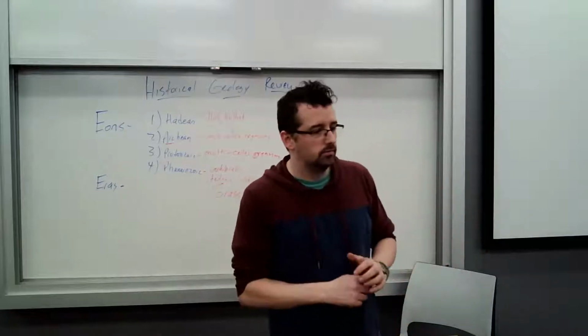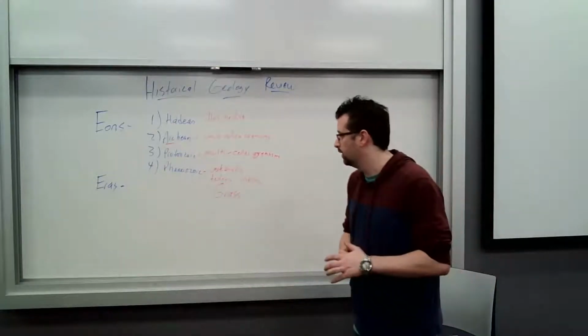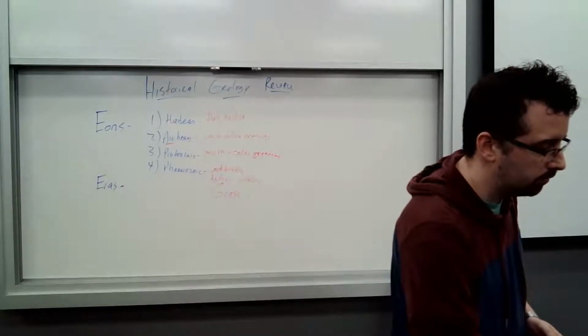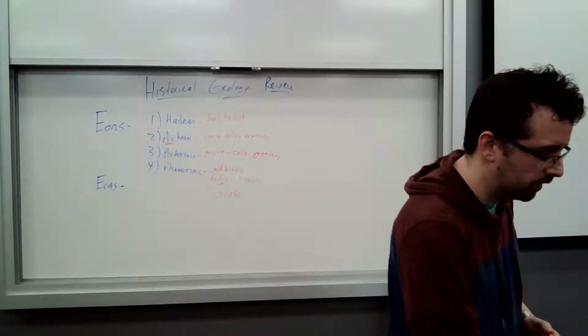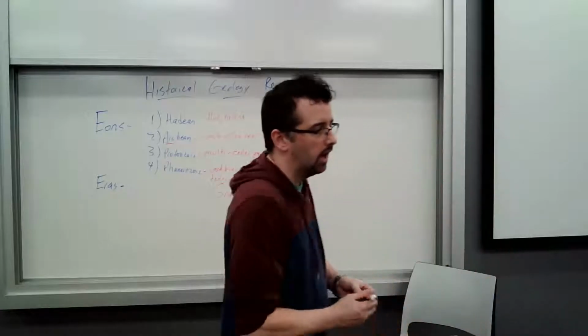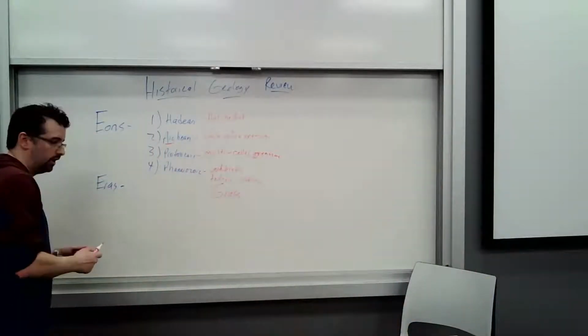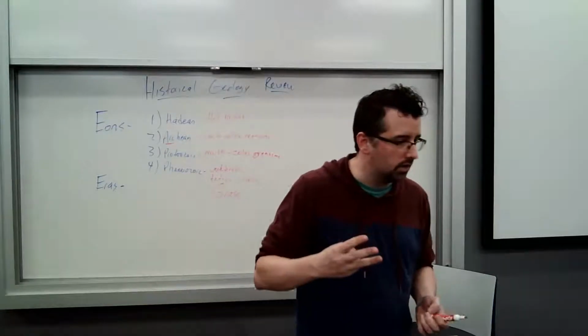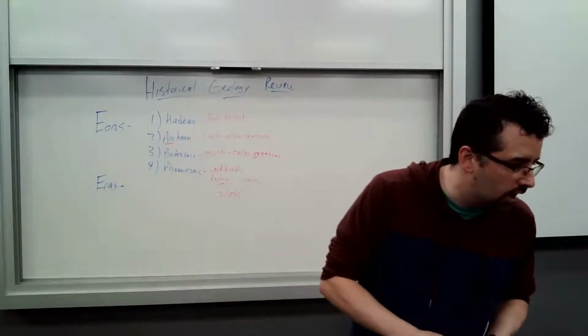Okay, so the eras. Listen, there are a lot of eras. I am not going to ask you. Wait, no, there's only 3. We're not talking about periods. Sorry. The eras. Got my notes mixed up. There are 3 eras that I would like you to know.